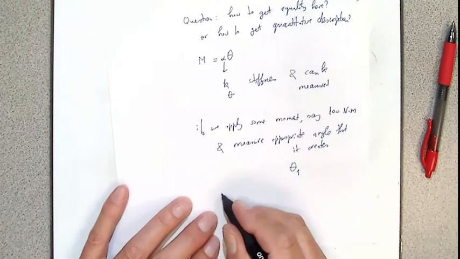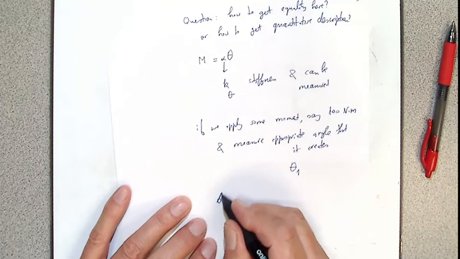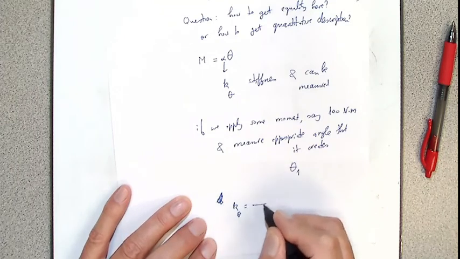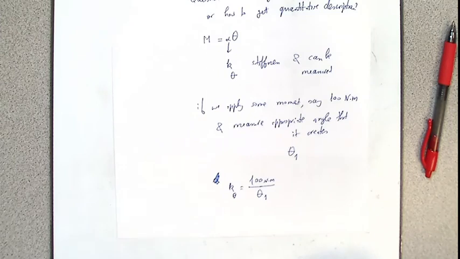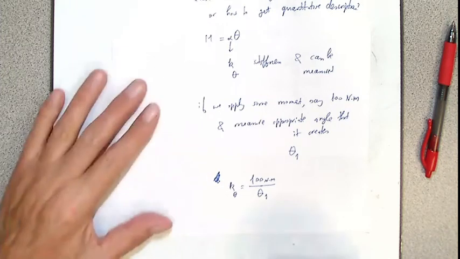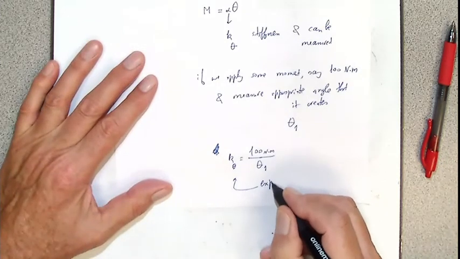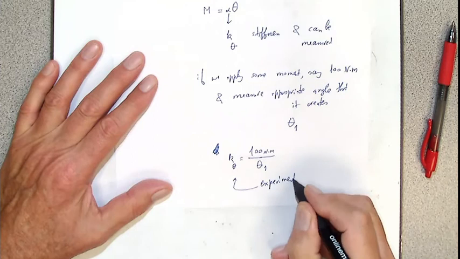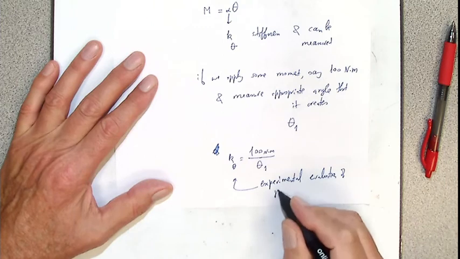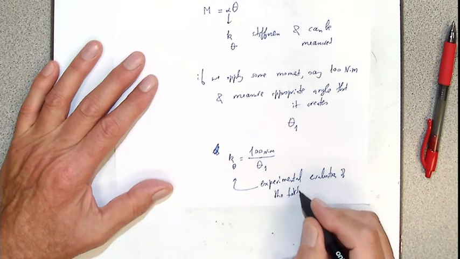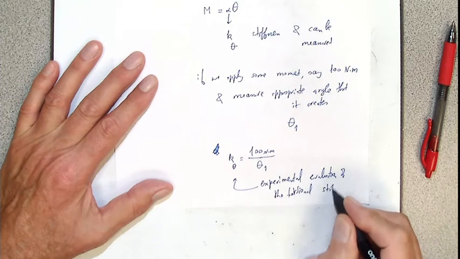Then this K theta equals 100 Newton meter divided by theta 1. So that is how we measure the stiffness. Just apply a certain moment, check what angle the system rotated, and the ratio will be this stiffness. So that is the experimental evaluation of the torsional stiffness.